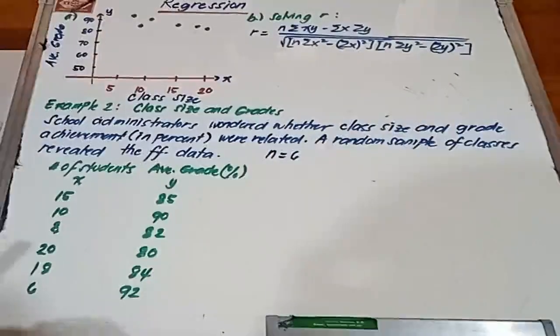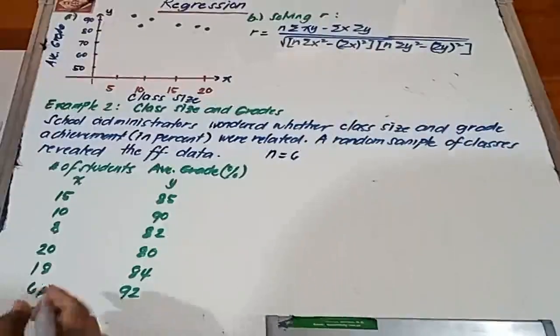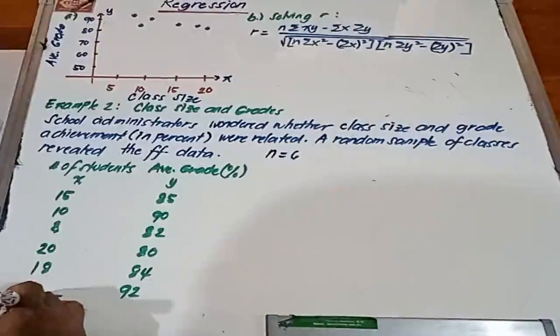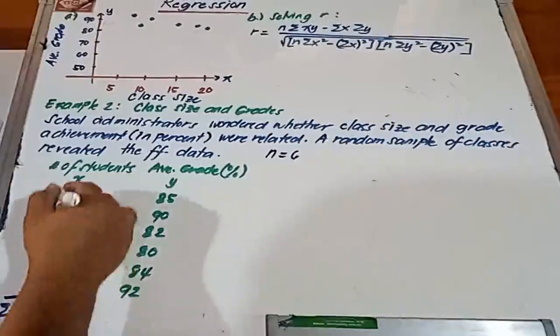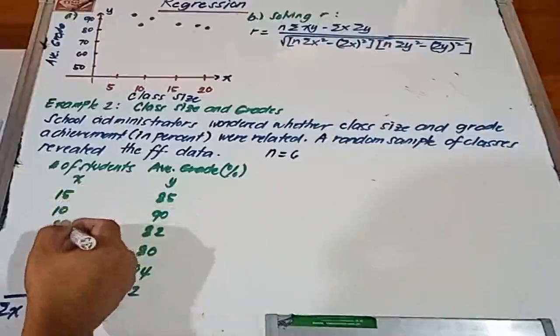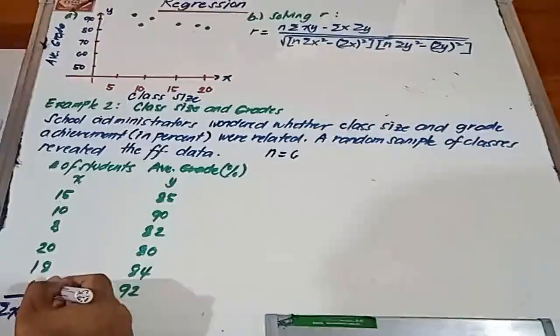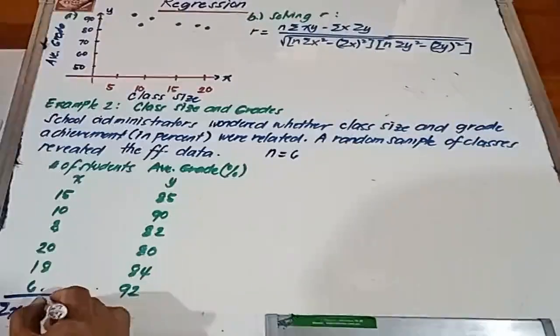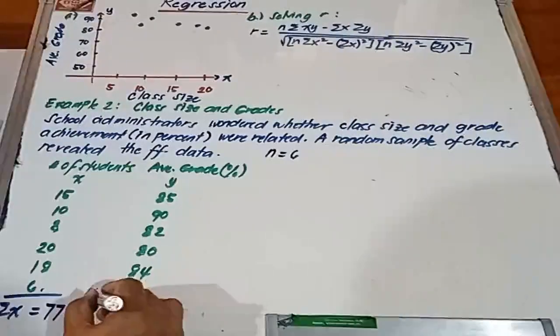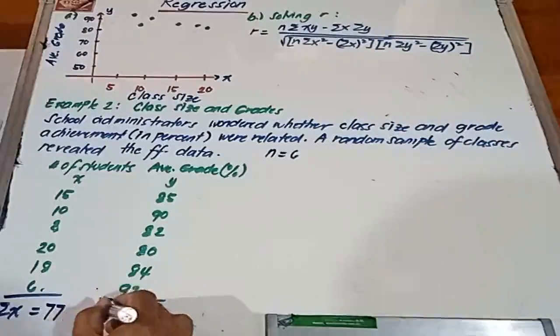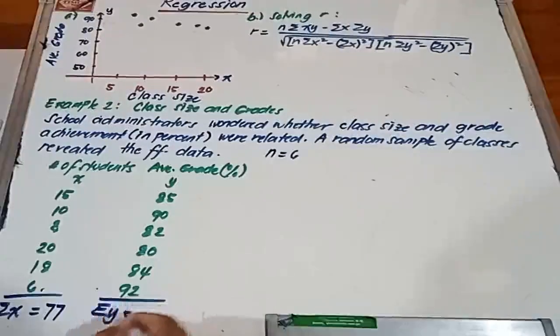And then, kunin natin yung summation of x. Summation of x, ito yan. Summation of x equal to, add natin 15, 10, 8, 20, 18, 6, which is 77. And then we solve for summation of y.